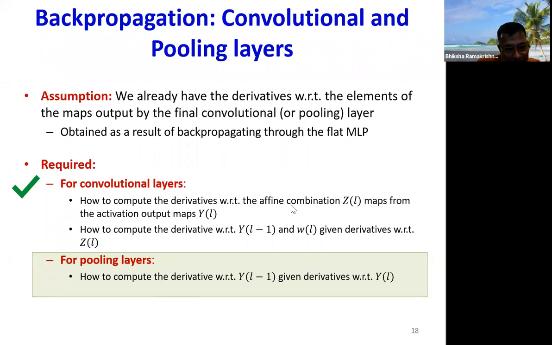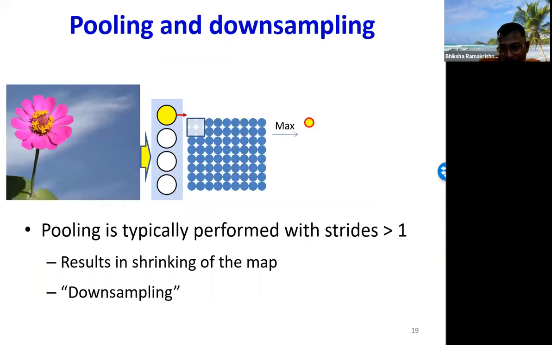Let's consider the pooling layers. We saw this in the last class as well. Pooling is a mechanism for aggregating values from a small window, either by taking their mean or their max or some other such permutation invariant or jitter invariant function. Typically we do this with a stride greater than 1.